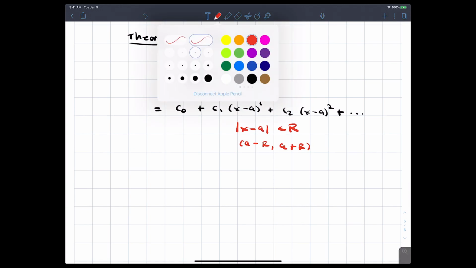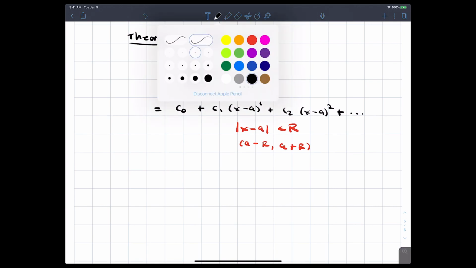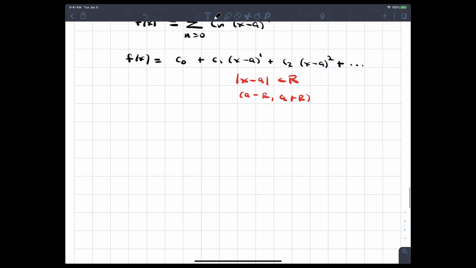So here's what they want you to know. This is differentiable and integrable. So we could differentiate and integrate the power series expansion. So remember, this equals some function. So some function is represented this way. Here's that same function, just expanded. So here's the theorem.